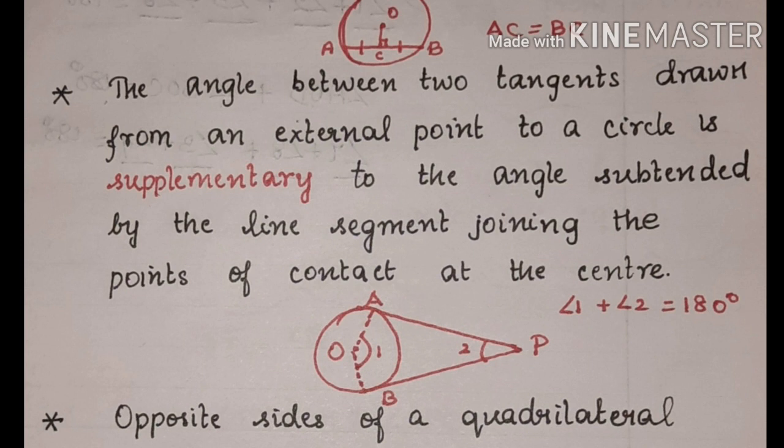So what is said in the result is the angle between the tangents and the angle subtended by this line segment at the center, this angle, angle 1 and angle 2, the sum of the two angles will be equal to 180 degrees. So this is the statement for that result. Angle between the tangents and the angle subtended at the center, the sum of these two angles will be equal to 180 degrees. Clear? Now coming to the next result.